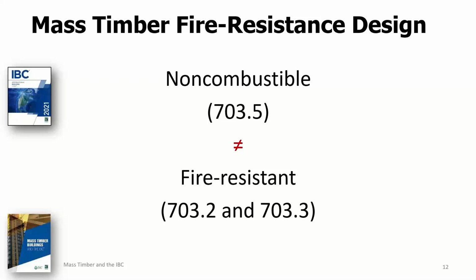Now let's back up and look at some even more basic and more generally applicable principles related to fire safety, specifically in the context of the IBC. Non-combustibility and fire resistance are two very different things. I want to impress that upon everyone here. They each have their place in the code, and the code requires non-combustible materials for some purposes and specific fire resistance ratings for others.